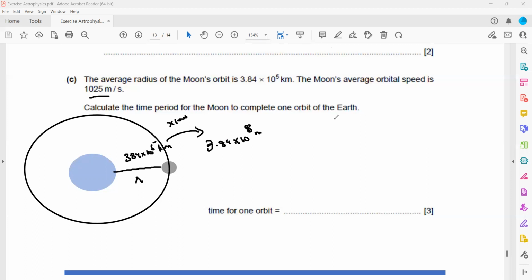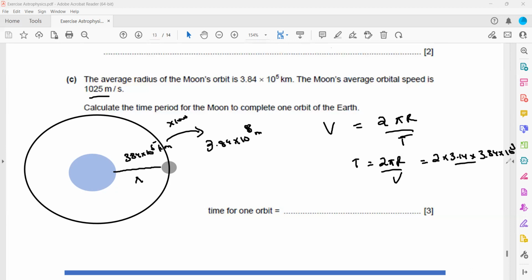Now for orbital time, we have the formula. Whenever an object moves in a circular path, the orbital speed is 2 pi r divided by t. If we need the orbital time, time is equal to 2 pi r divided by speed. So it will be 2 into 3.14 into the radius, which is 3.84 into 10 power 8, divided by the speed at which it is moving, 1025.